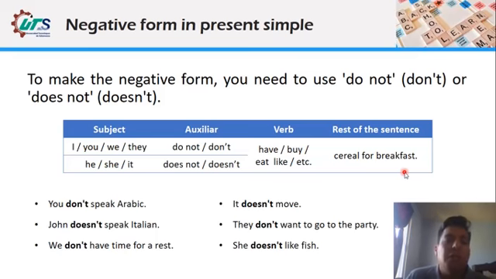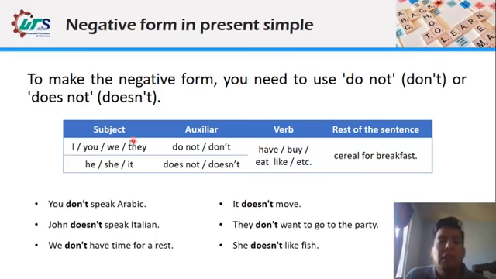Remember, he, she, it. Okay, let's see the negative form in the present simple. To make the negative form, you need to use do not, don't, or does not, doesn't. These are called auxiliary verbs in the present simple. Do not and does not.